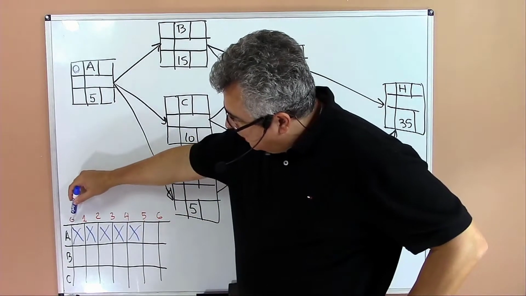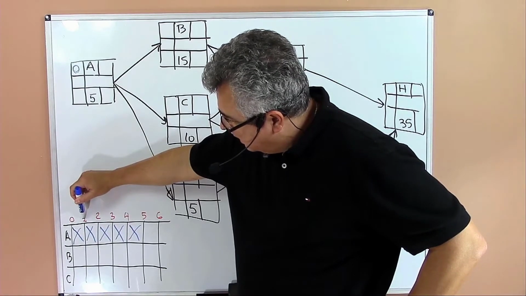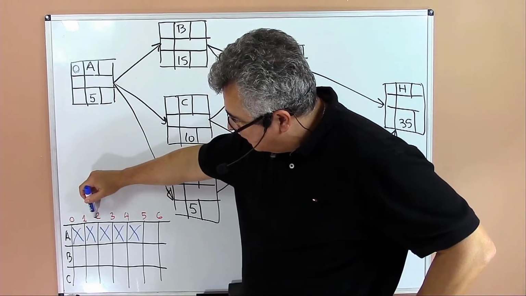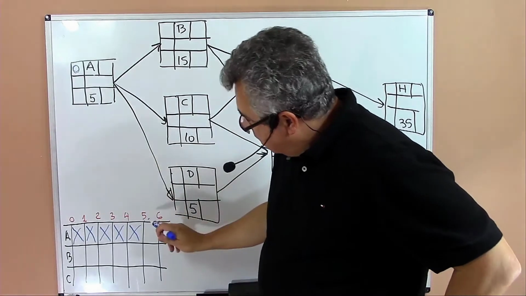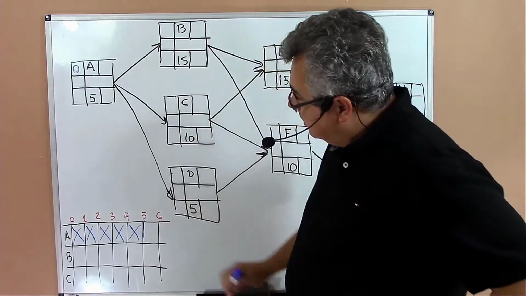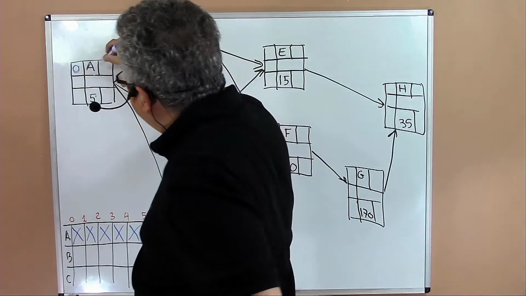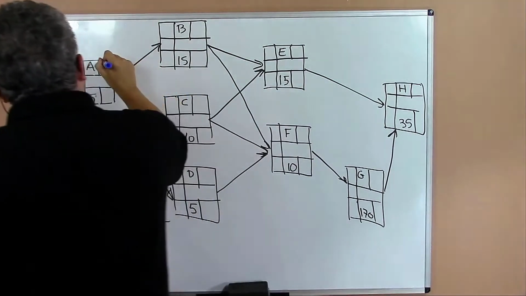So I start on time 0, work the first day entirely, then finish the first day, start the second day, and so on. So I'll be finishing activity A on day 5. It's the same as saying 0 plus 5, 5.